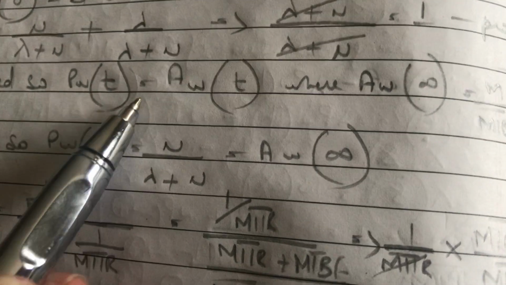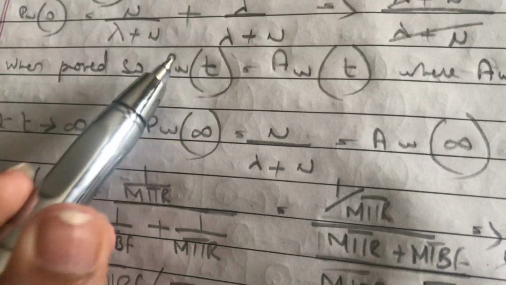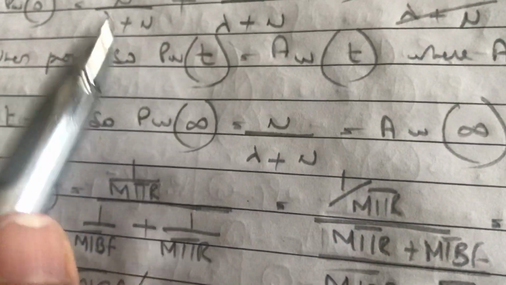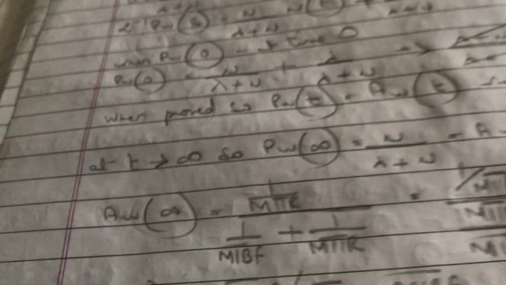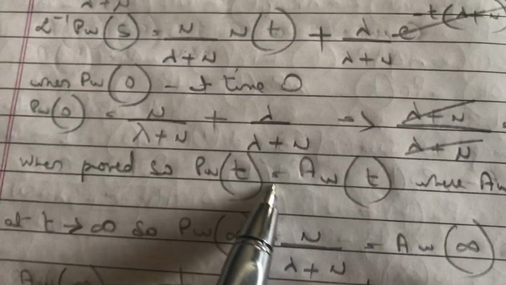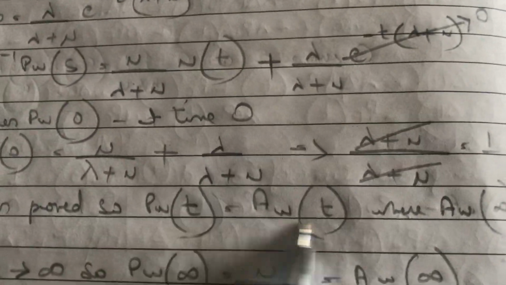So PW of t equals AW of t. When we have proved it by our equations, by our solution, by our calculation, we can easily say that they both are equal.